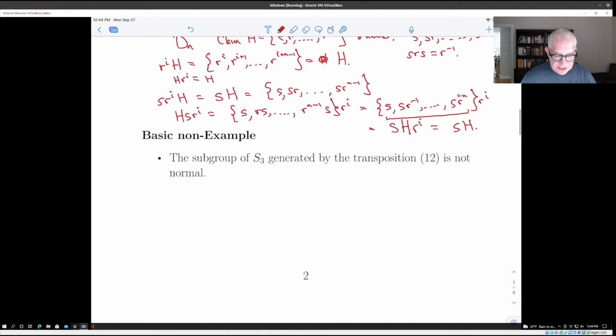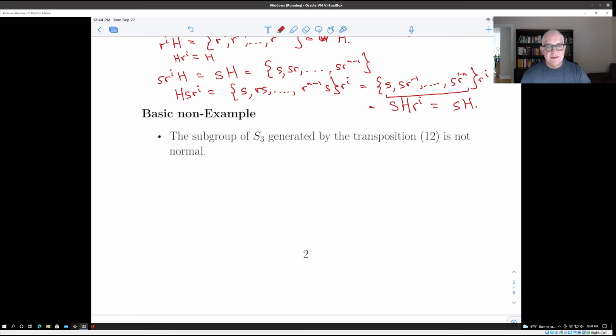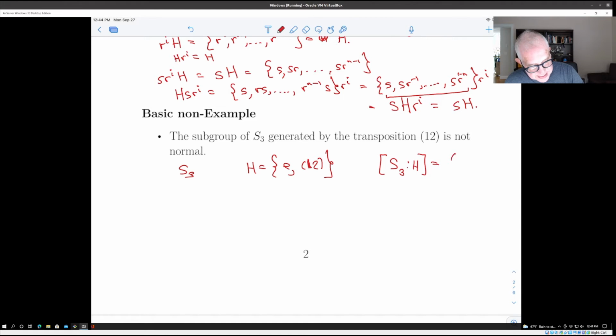Now let's look at an example which is not a normal subgroup. Let's take S3, and let's take H to be the subgroup consisting of the identity and the element (1 2). Here the index, the number of cosets, is 6 divided by 2, which is 3.